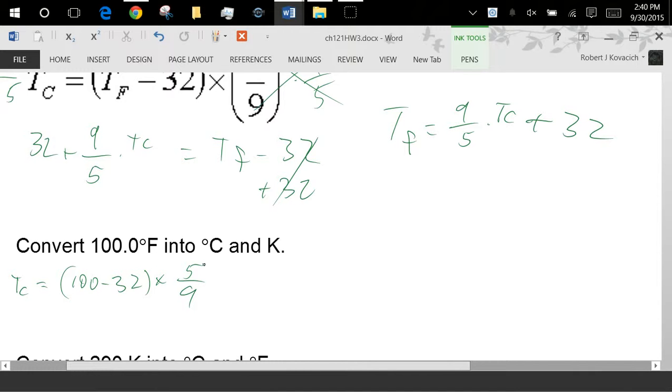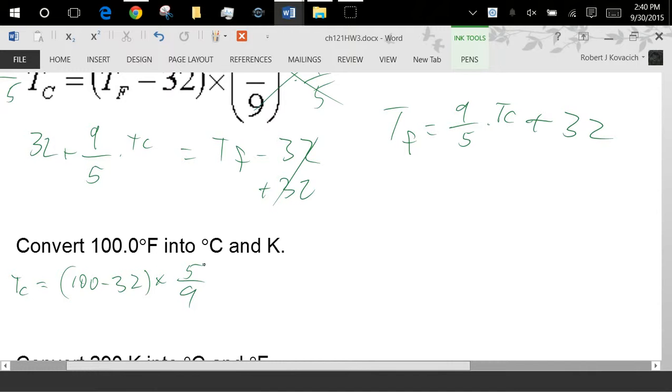Without the parentheses, what would the calculator do? It would do the order of operations and do 32 times 5 divided by 9, and whatever that is, then it would subtract from 100. So you definitely need to make sure that this 68 comes out before we do this over here. Same thing up there, you need parentheses.